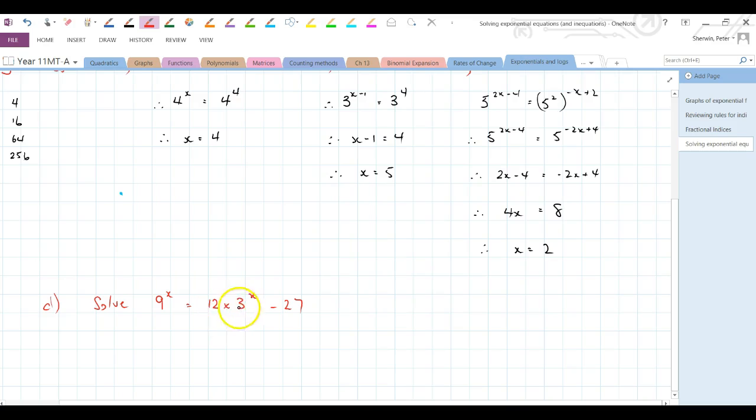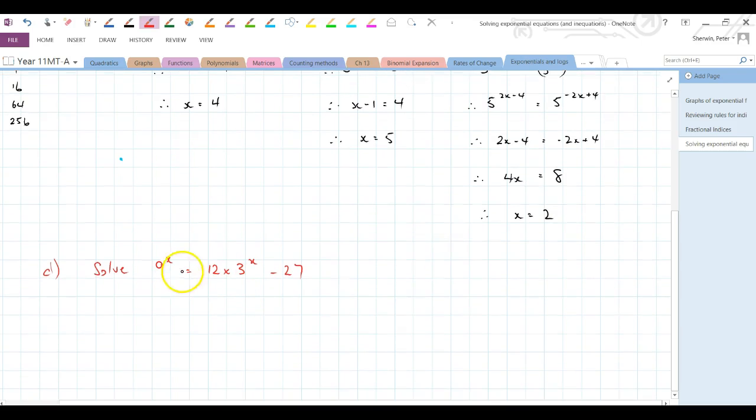Firstly, this 12 times 3 to the x looks a bit weird. Can I write everything in the same base here? Well, no, I can't really, because 12 is 3 times 2 times 2. That's not going to get everything in the base of 3. I can pull this down to a base of 3, and that can be a base of 3. But what we're looking to get is 3 to the power of x and 3 to the power of 2x, and we're going to turn this into a quadratic equation.